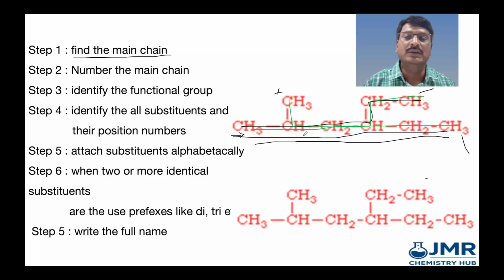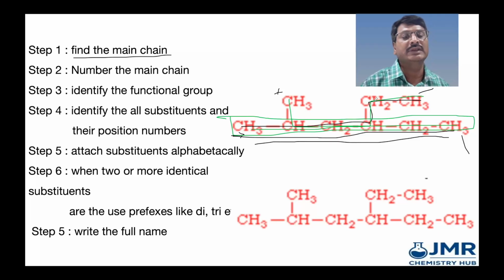If more than one main chain is there, in that case you have to select one of the chains as the parent chain. Which chain do you select? The chain which contains the more number of substituents. For example, if you take this chain, total 2 substituents are there. If you select any chain in this example, you will get 2 substituents only.